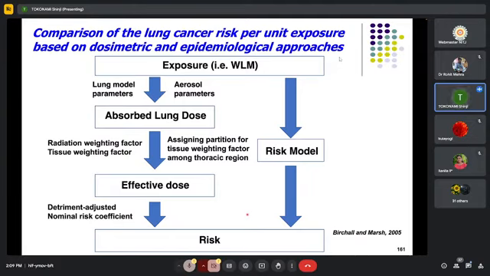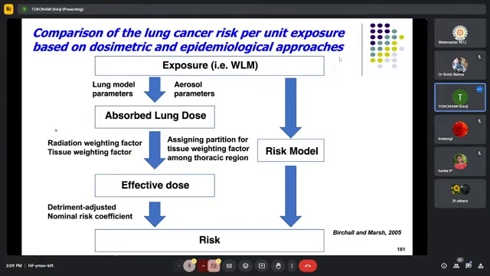Here is the comparison of the lung cancer risk per unit exposure based on dosimetric and epidemiological approaches. Here the exposure is expressed in working level months. Using the lung model parameters and aerosol parameters, we obtain the absorbed lung dose.